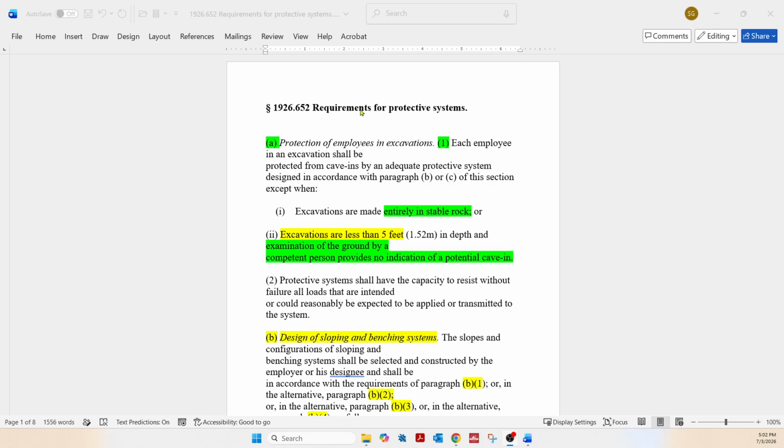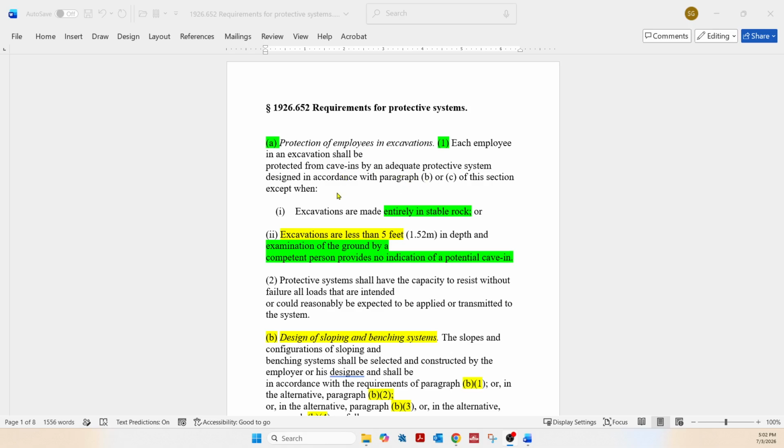Well, let's look up here at this little A. What does it say? Protection of employees in excavations. That's what this is all about. To start with, each employee in an excavation shall be protected from cave-ins by an adequate protective system designed in accordance with paragraph B.